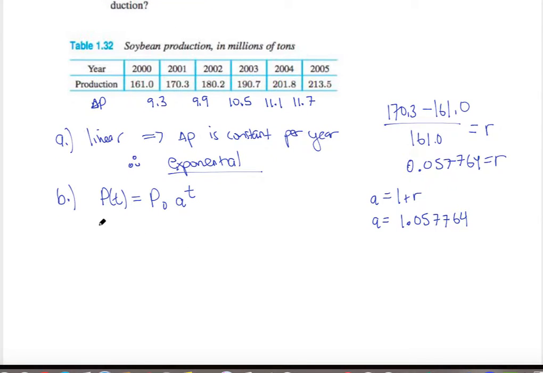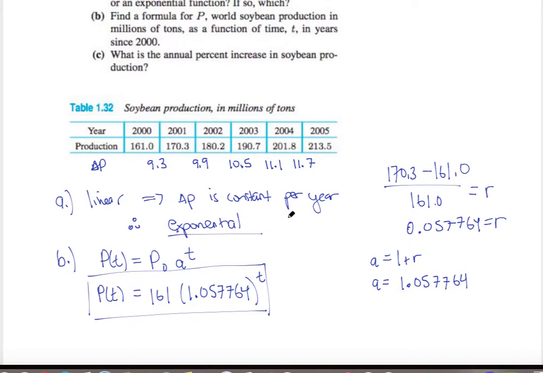So our function should be P of T equals our initial, which is 161, times 1.057764, I'm not going to round it at all, raised to the T. And there's our production function.